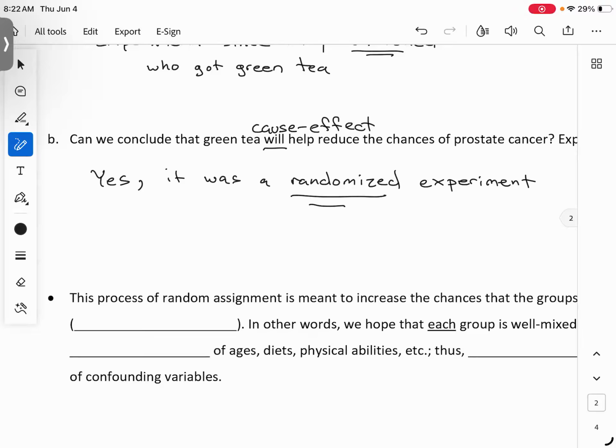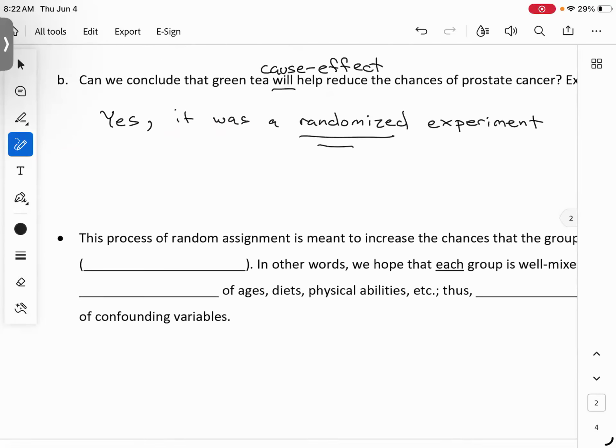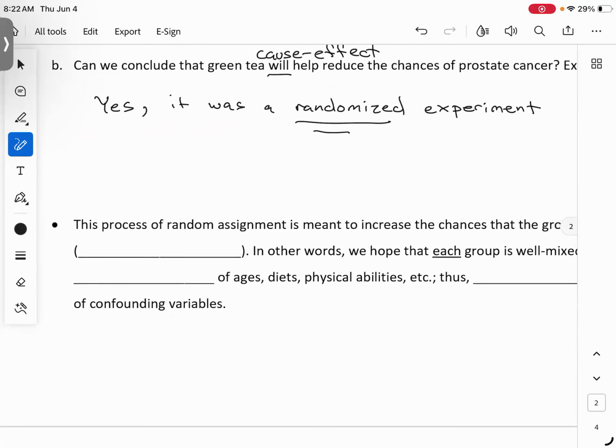By doing it randomly, you're mixing it up. You're letting there be a better chance that you're going to get a good mixture of younger in both groups, older in both groups, and people with different diets in both groups, people who are maybe more athletic versus those who are not, a good mixture.